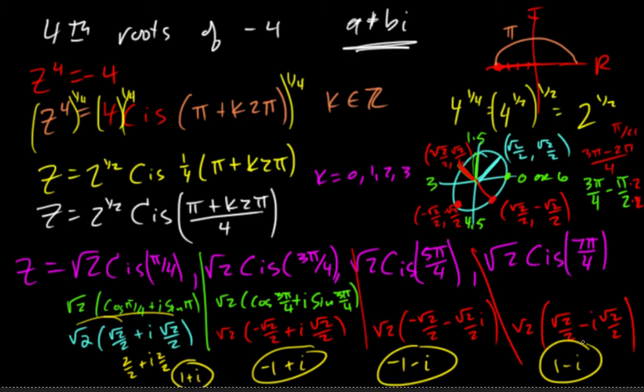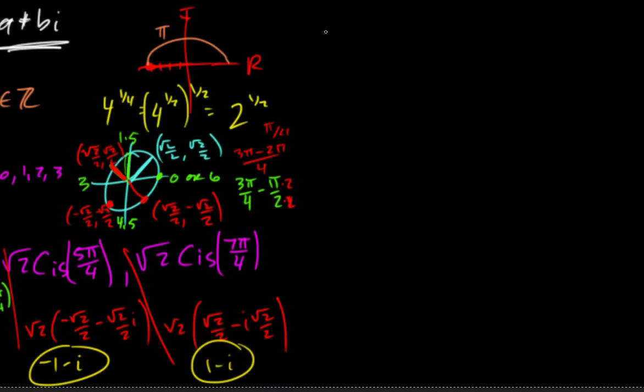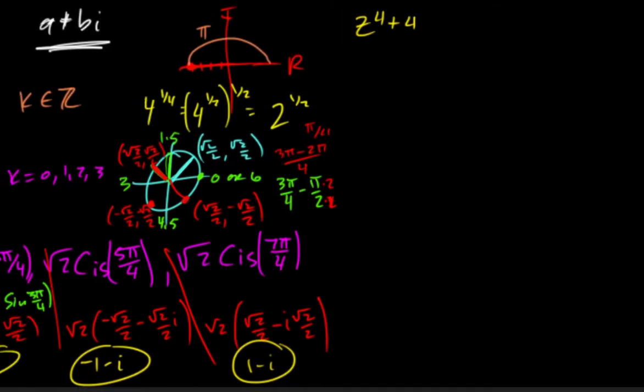Now, part B says, hence write, let's see if I have some room so I don't have to erase. Okay. So it says, hence write z to the fourth plus 4 as a product of real quadratic factors. Okay. So what we're going to do is basically write a polynomial.